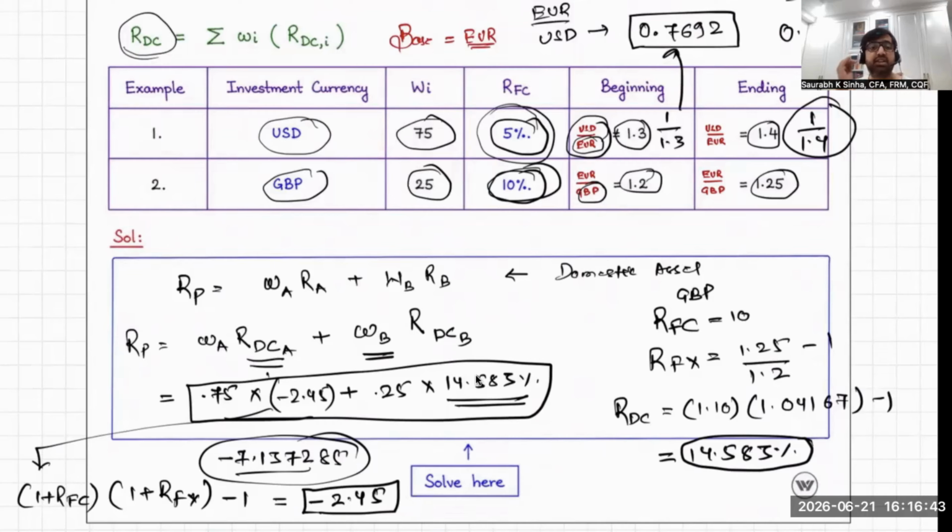But the actual depreciation in USD is not 7.69, it is 7.137285. So it is very important. The nuance that I'm trying to highlight is that every time you do the calculation, the foreign currency should be in the base currency. So this was the discussion around how you can calculate the return of the portfolio.